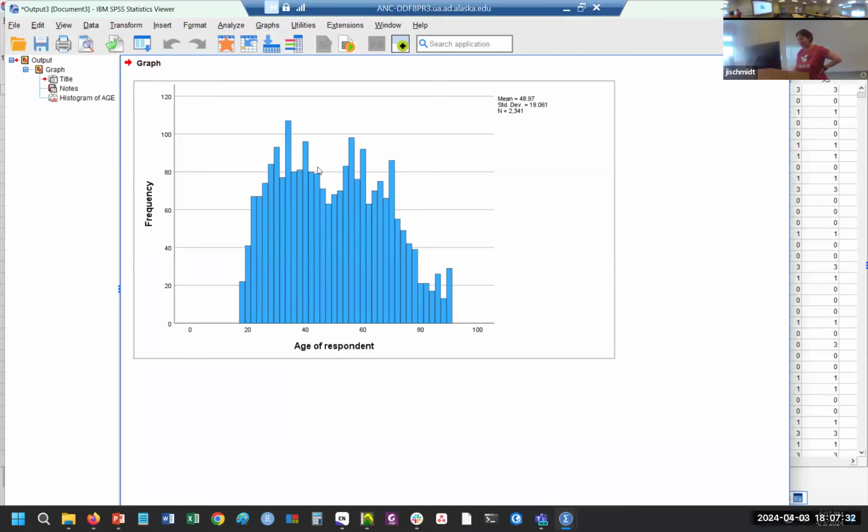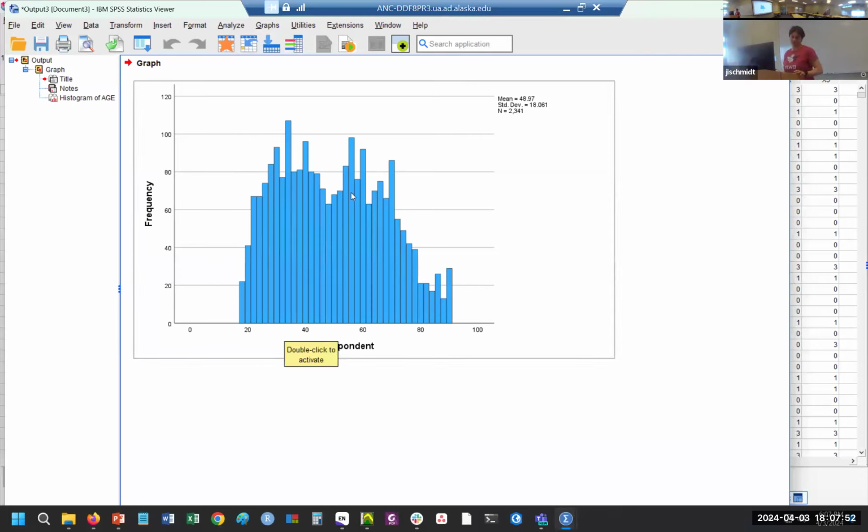Maybe people get too busy with life here and don't fill out the survey, and then get back to retirement and have time, I don't know. But it's pretty uniform. There is a little bit of skewing towards the younger end, which kind of balances out this, but it's not horribly misshaped.